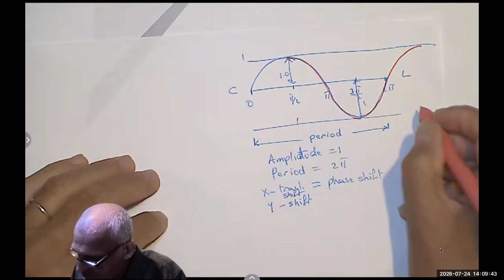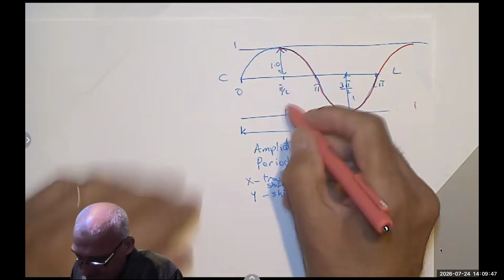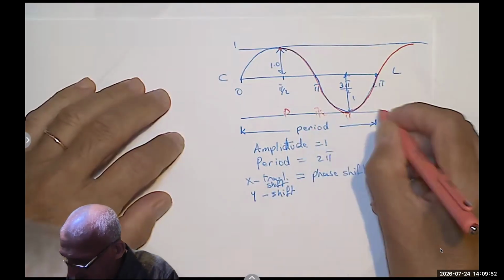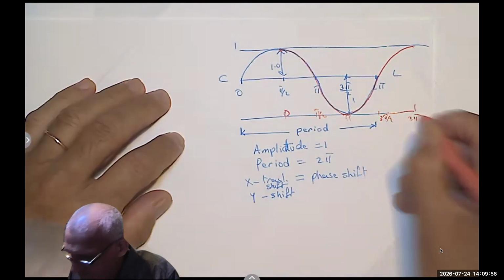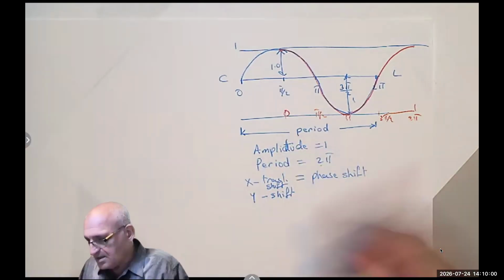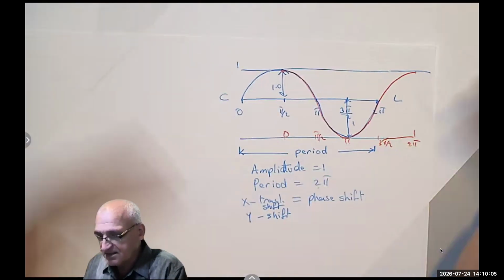So if you say this is basically 0, this is pi over 2 on this scale, and this is 3 pi over 2, and that's 2 pi. Still the period is 2 pi, still the amplitude is 1. Nothing changes except that the shape of the curve is like this.